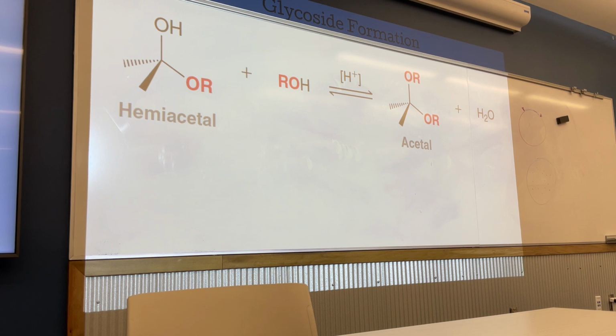So this is a very generic representation. But for a sugar, this R group would be the other sugar ring that we're attaching to. Therefore, getting rid of the hemiacetal and making the acetal.